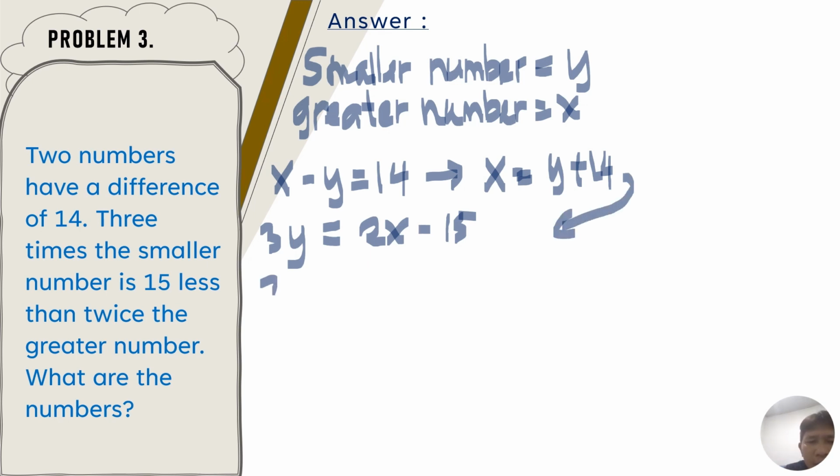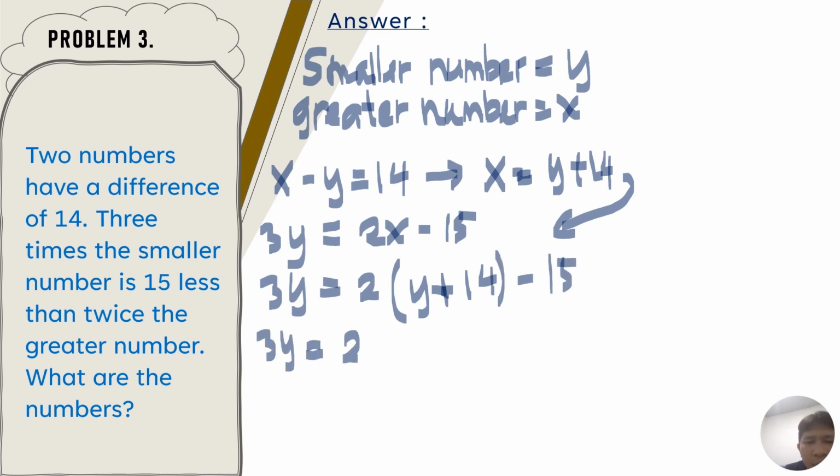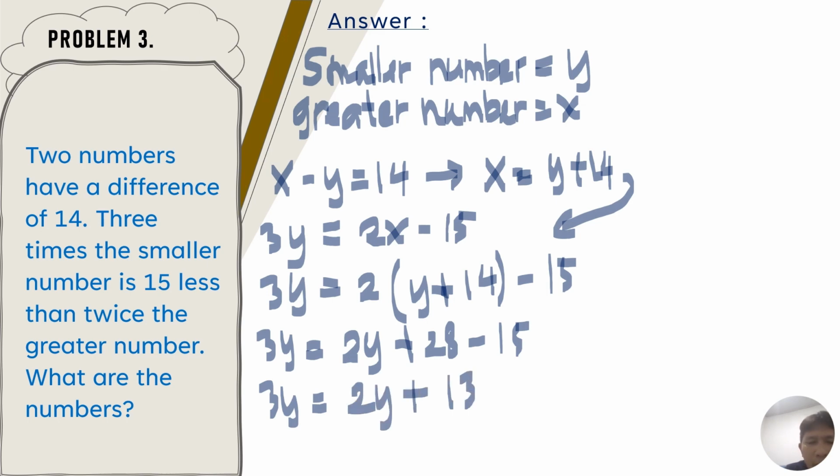So here we have 3y equals 2 times (y plus 14) minus 15. 3y equals 2y plus 28 minus 15. 3y equals 2y plus 13, and then 3y minus 2y equals 13. So y equals 13.